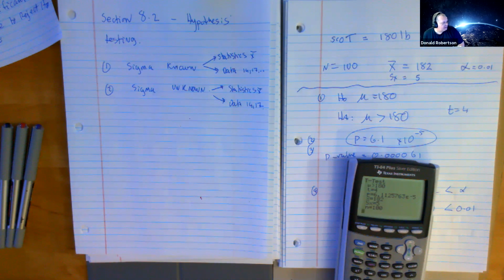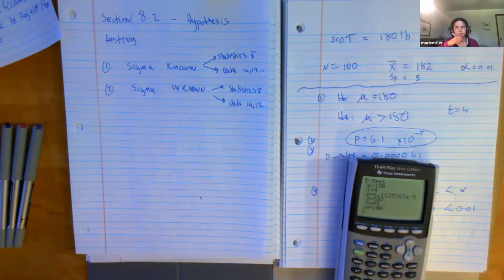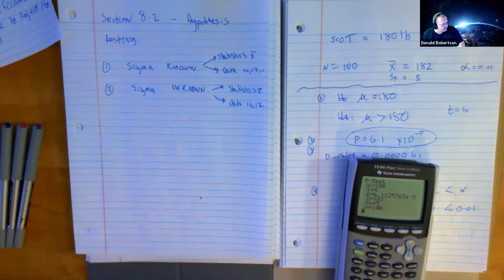I'll give you an example. When we do the proportion ones, isn't the standard error the square root of p times 1 minus p over n, right? A version of that. We only tell the calculator what p and n are, and it figures out the rest for us. So it's not that it's not using the standard error. We just don't need to tell it the standard error. We just need to tell it a number that it can use to get it.